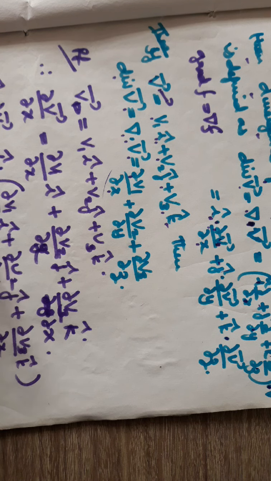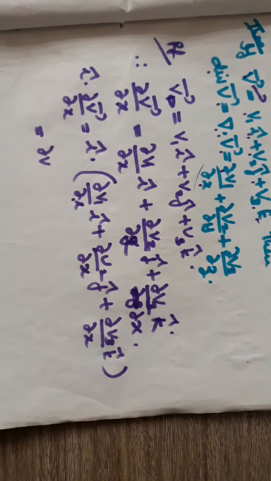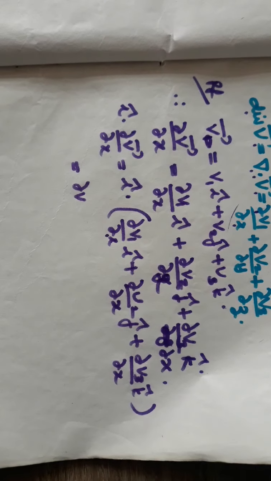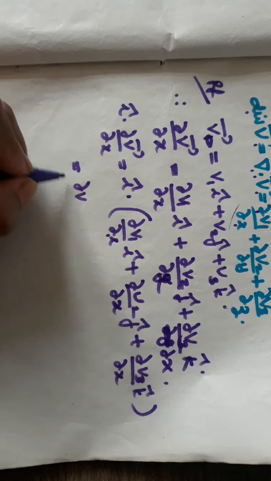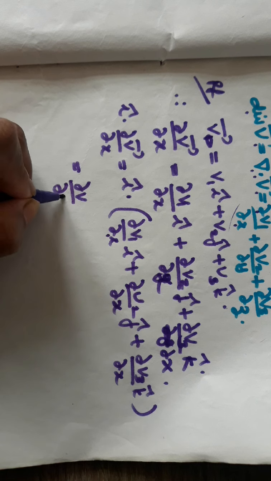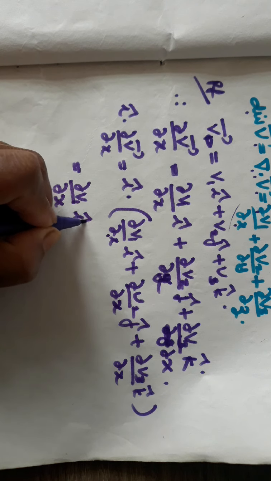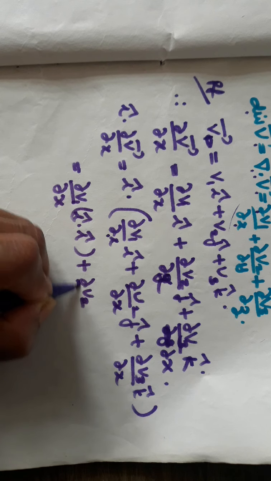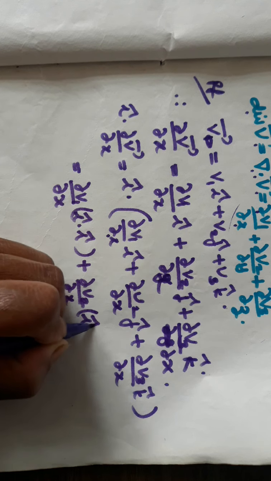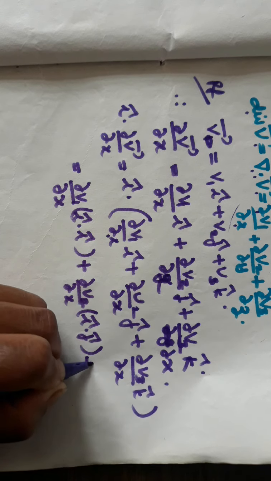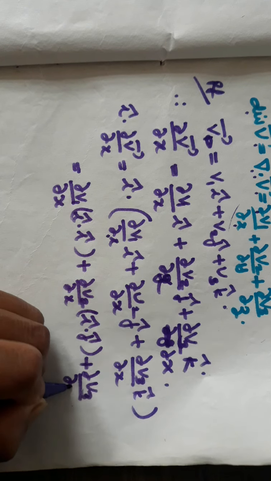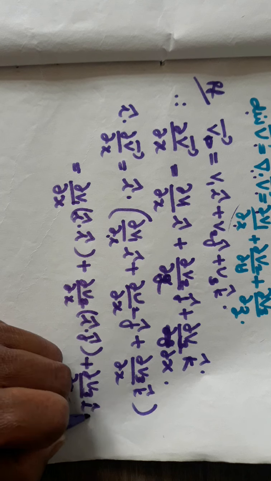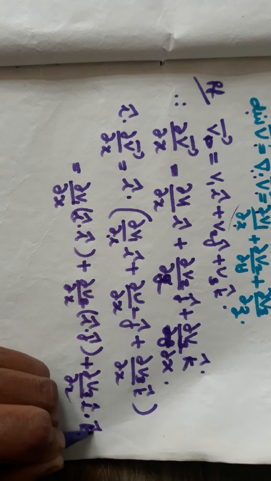This is equal to del v1/del x. It is a scalar quantity, so you can remove it, as it is independent of the vector. So you have del v1/del x into i dot i, plus del v2/del x into i dot j, plus del v3/del x into i dot k.